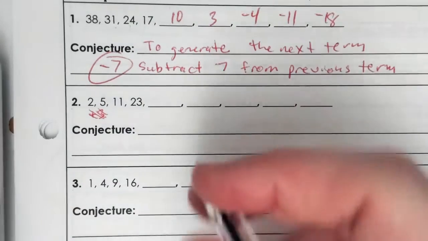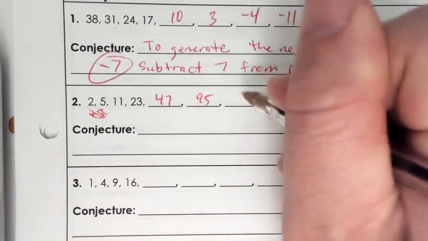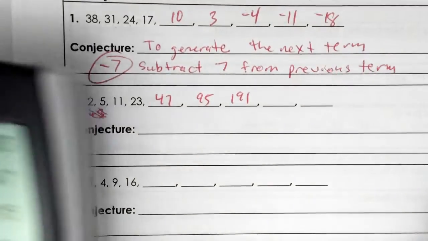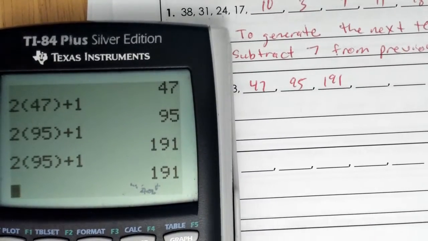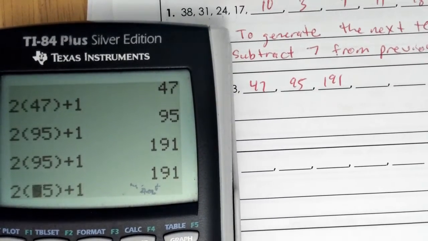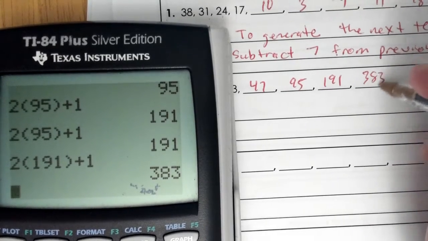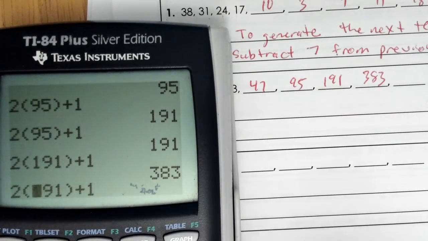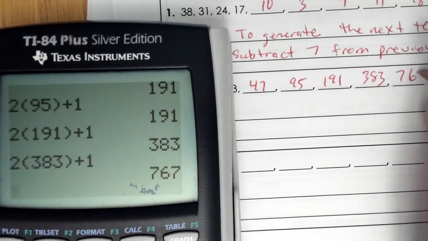So we got 23, 47, 95, 191. All right, let's keep going. If I put in 191 and add 1, I would get 383. And let's do it again. 383, we pop out with 767.